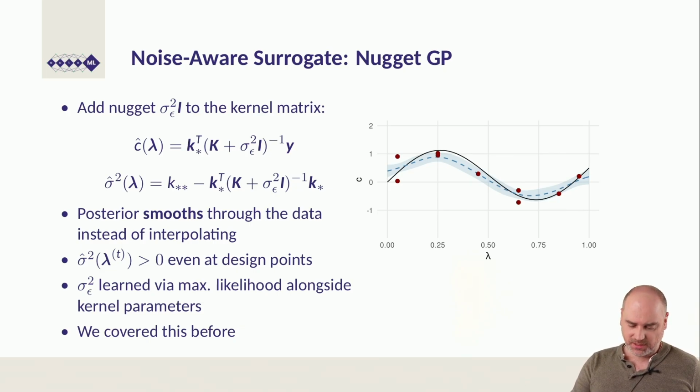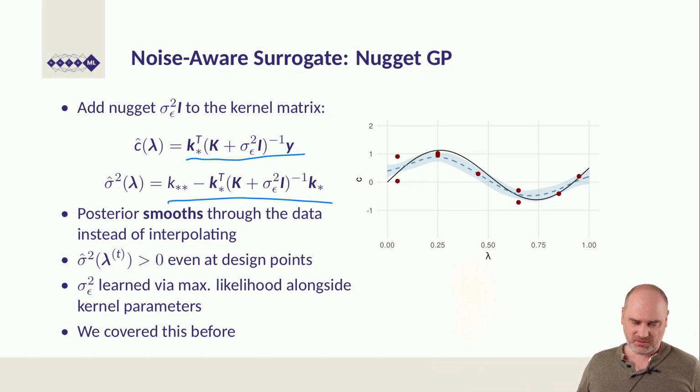So let's take a look at it here. We actually have to change a very simple thing. This here is the usual formula for the posterior mean and the posterior variance of our GP. And you can see on the inside our kernel matrix K, both in the posterior mean and the posterior variance.